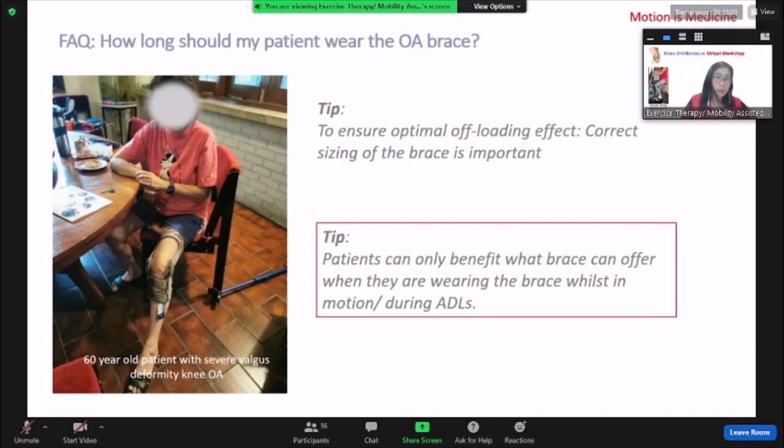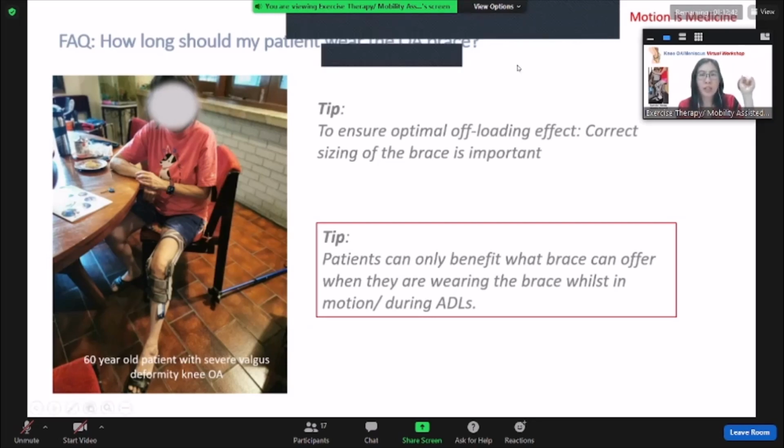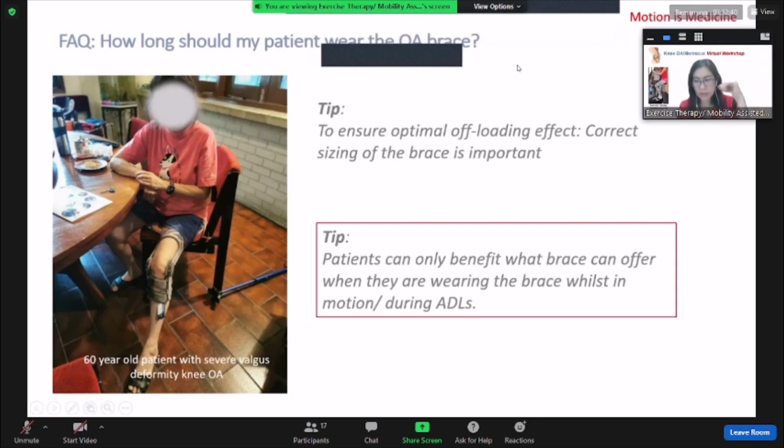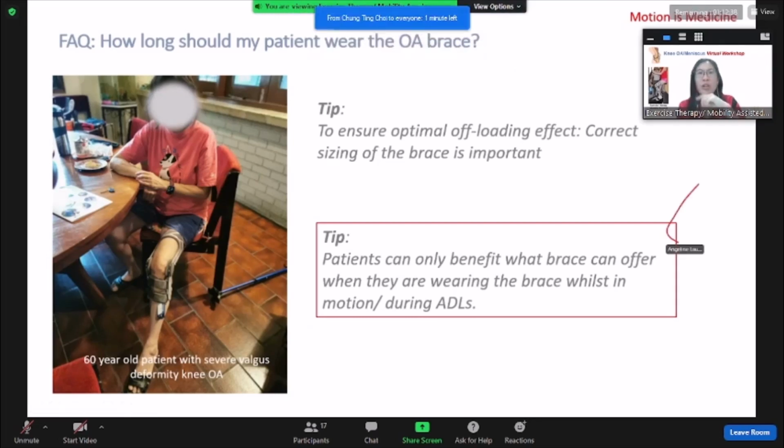Yeah, we understand from the previous group that you have a treatment protocol, a treatment duration on when you put the patient on brace in conjunction with the treatment modalities that you prescribe to your patients. I think with ultrasound and shockwave, if I'm not mistaken.